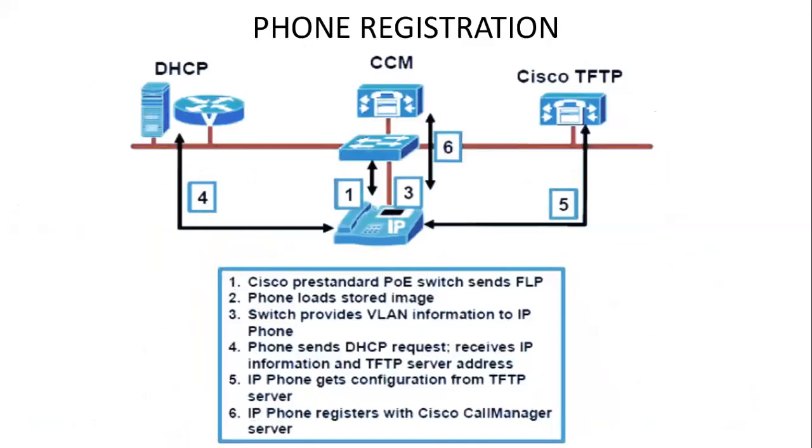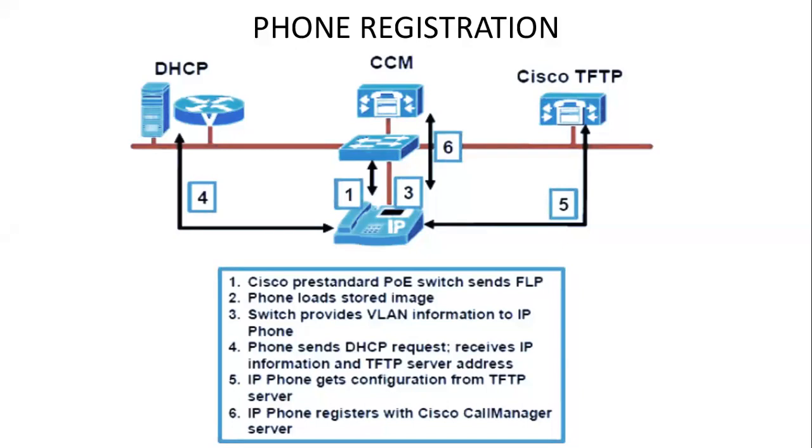The basic thing for all these things to happen and calls to be initiated and routed is for the phone to get registered. If the phone does not get registered, you will not be able to dial anything. You will not be able to utilize all these kinds of features. So phone boot up and phone registration is a must. And in this part, all these components are very necessary.